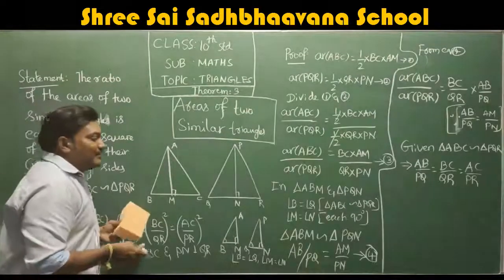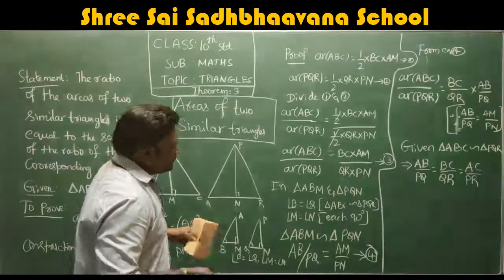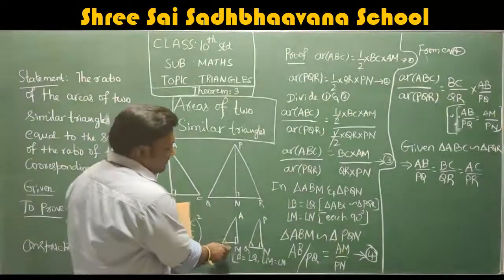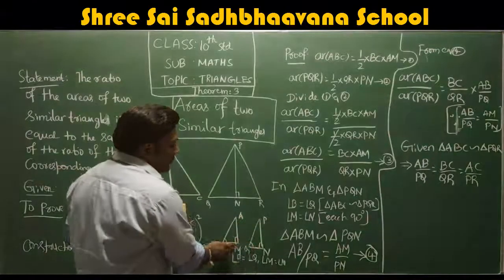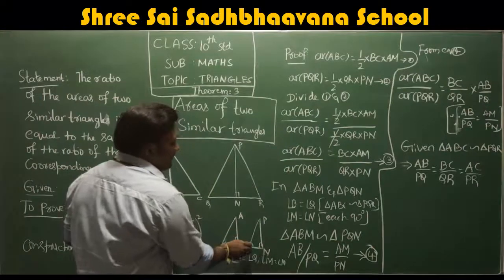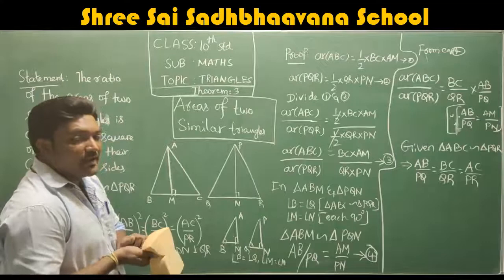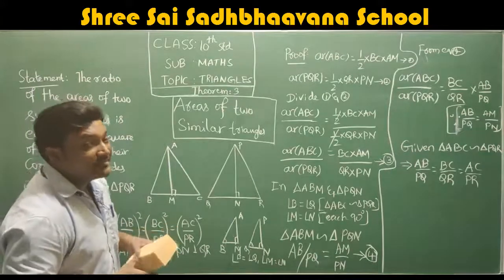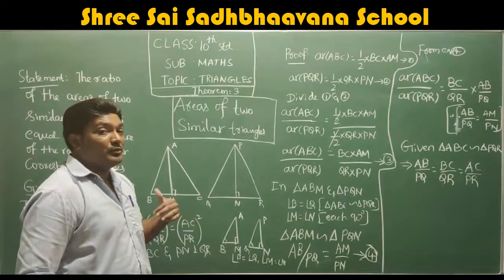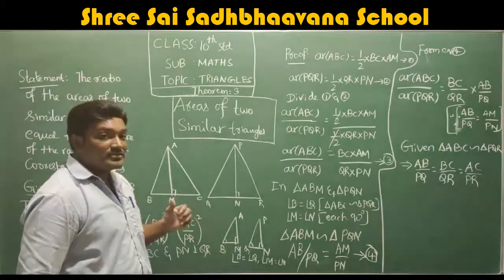It means if these two triangles are similar, their sides should be proportional. AB by PQ should be equal to BM by QN and AM by PN. Whenever any two triangles are similar, their corresponding sides should be proportional. That we discussed in the last classes.